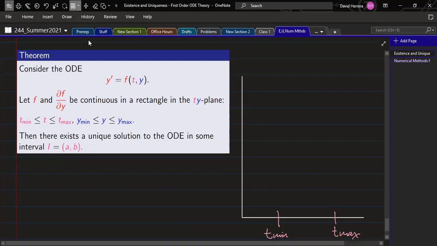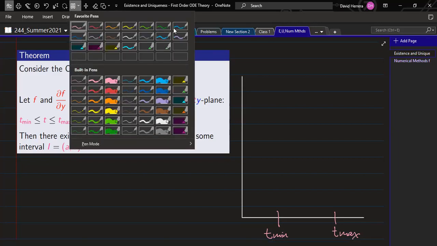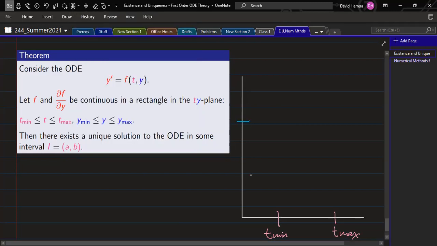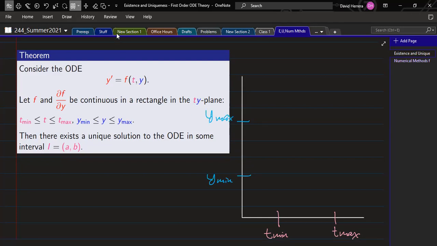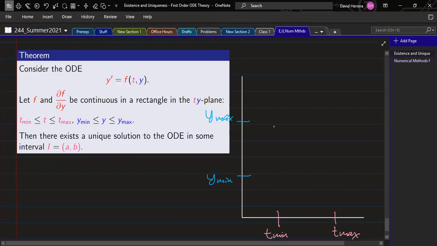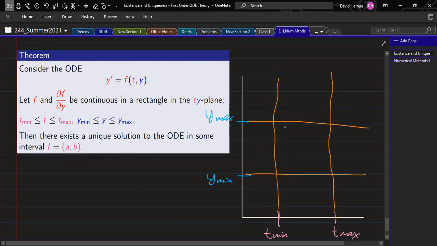I'm going to draw Ymin and Ymax. From these 2 things, we get a window. Restricting y in here, and t, the independent variable, is going to be restricted in here. So we get a rectangle in here.